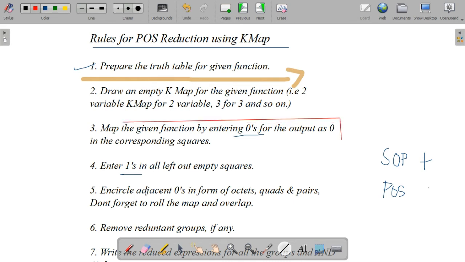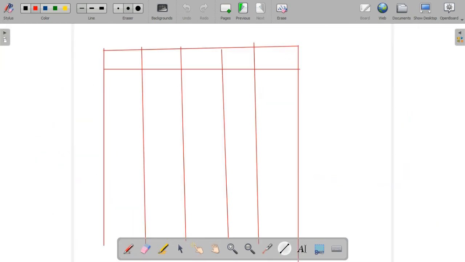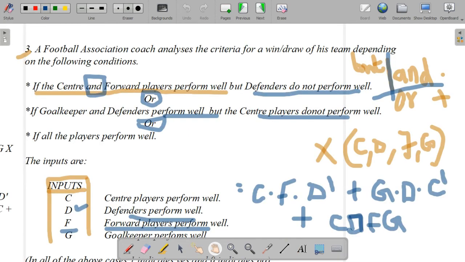Map the given function by entering zeros for the output as zeros. If it is POS, we enter zeros for the output as 0. So whatever output is 0, we have to enter that particular designation as 0. Here we got the expression CFD dash plus GDC dash plus CDFG.